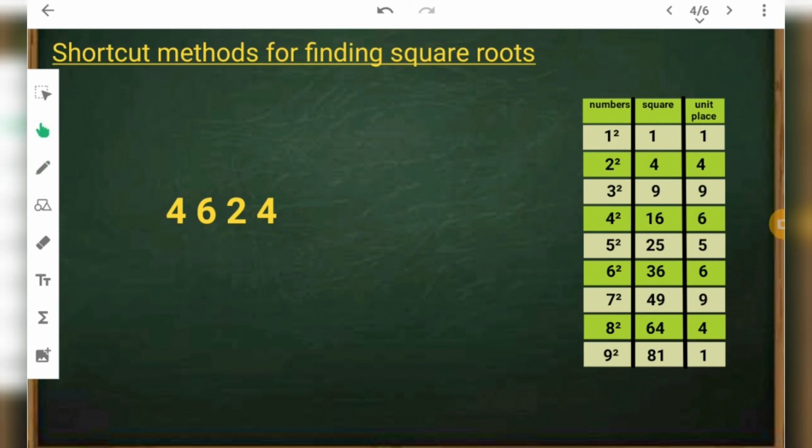For that I have written the numbers 1 square, 2 square, 3 square. You know 1 square is 1, right? The square values here, and the unit place alone I have written here, right? 25. What is the unit place here? 5. So I have written it here.